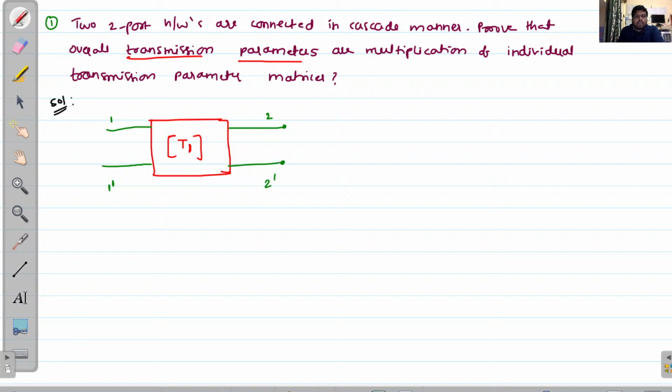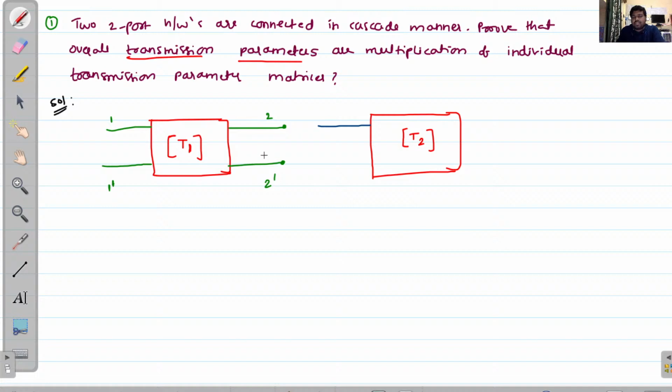Now you can take the second one. The second two-port network is also transmission parameters only, so I will take T2. Here I will connect this port to one.